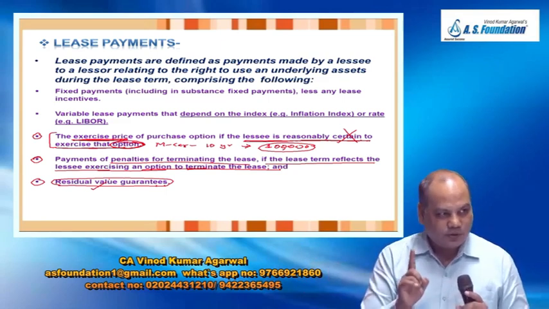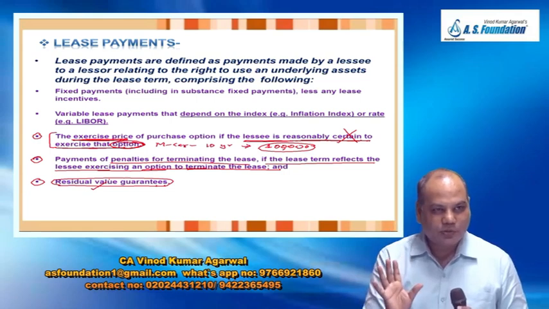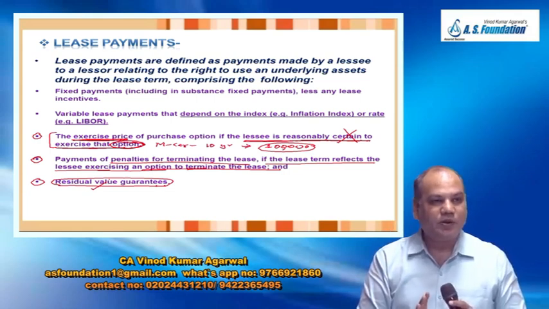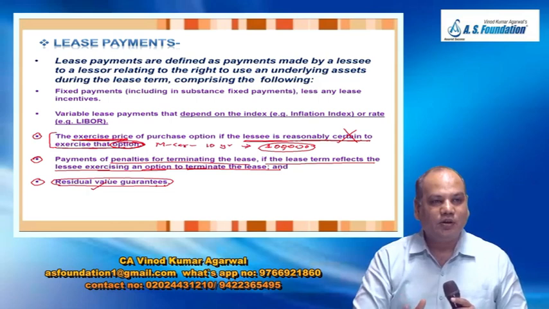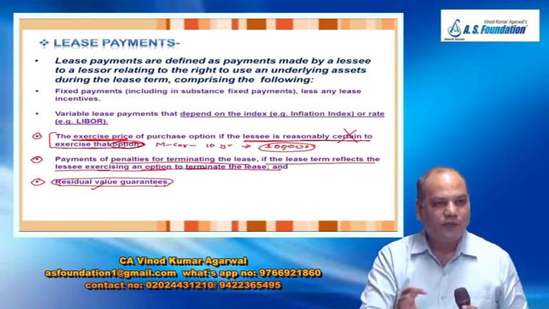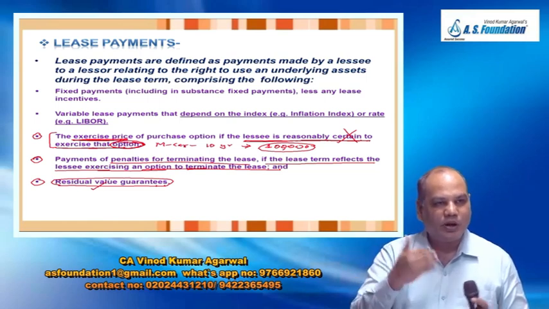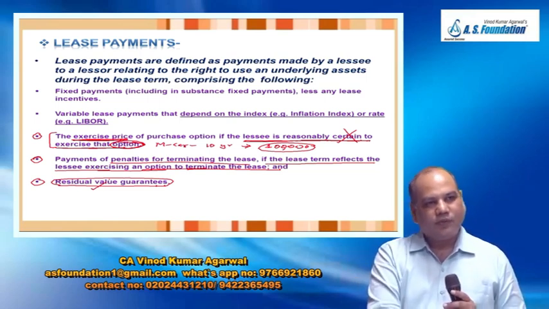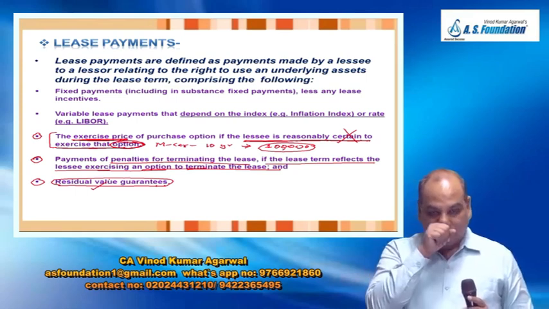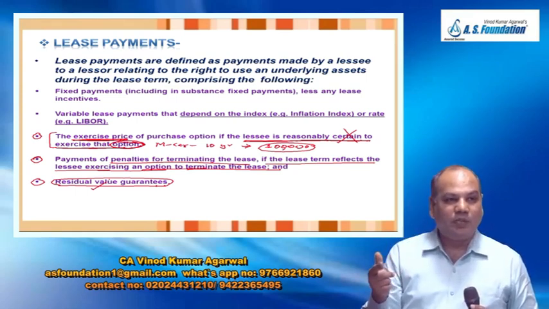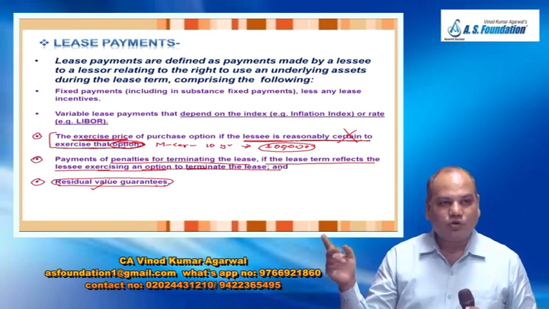So number one, fixed payment, including in-substance fixed payment. In-substance fixed payment means they may not be exactly fixed. They may look like variable. In form they may be variable, but they may practically be fixed. Is it right? Second, variable payment linked to an index or a rate.